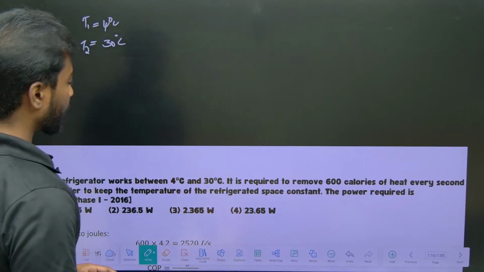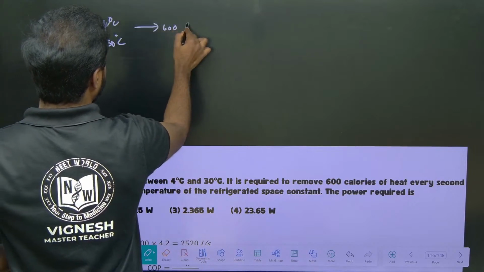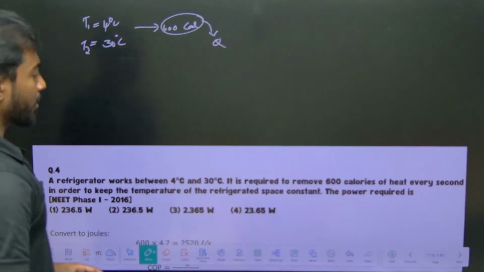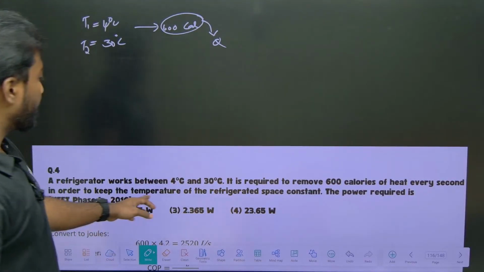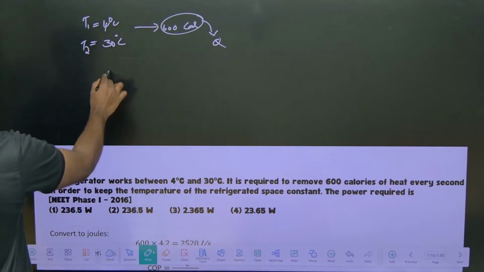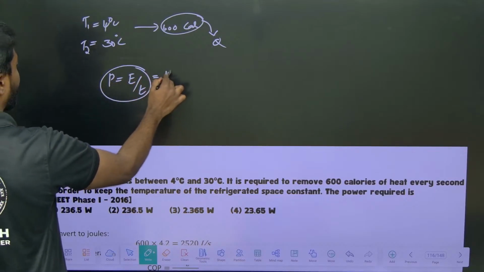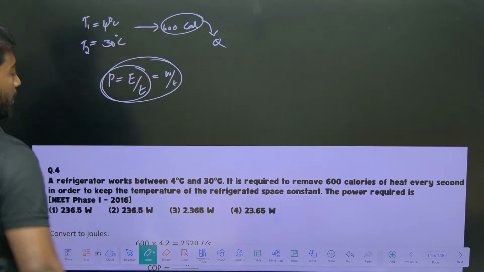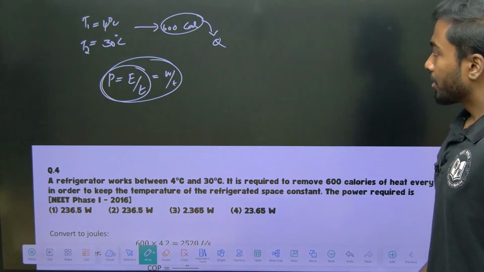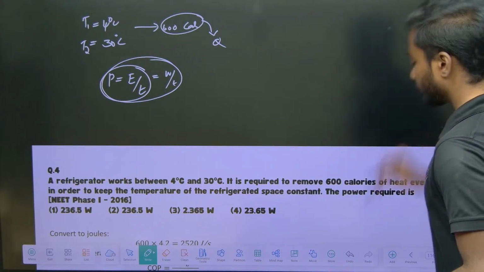It is required to remove 600 calories of heat Q every second in order to keep the temperature of a refrigerated space constant. What is the power required? Power is energy by time, or work done by time. So these are the given things in the question, and your time starts now.